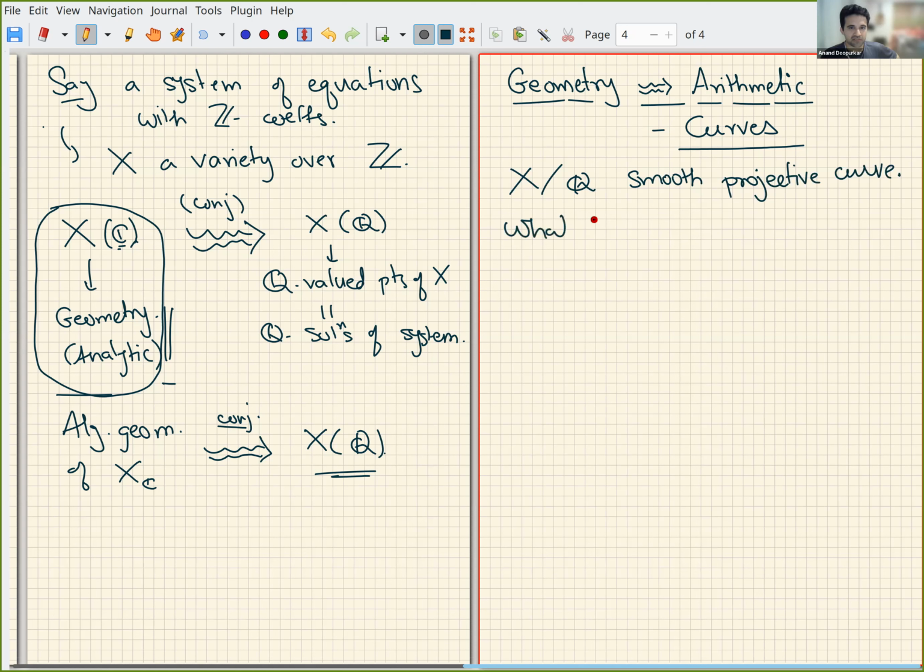And we ask about X of Q, the set of rational points on X, rational solutions to the defining equations of X. And there are 3 cases.